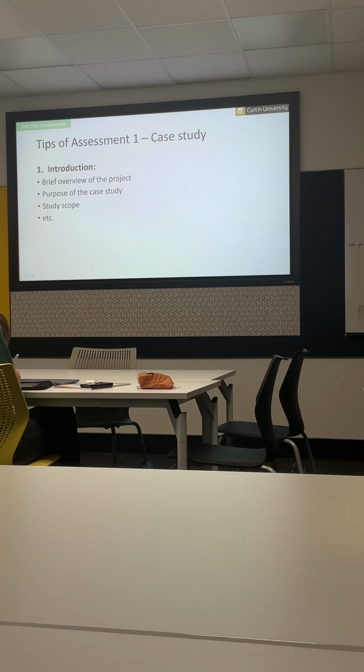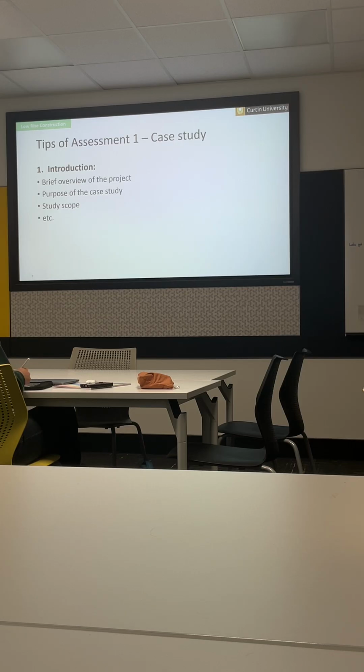You can find some information from the requirements, and you will also need to do some research by yourself to write the purpose of the case study or the brief overview of the project. Then followed by the study scope.